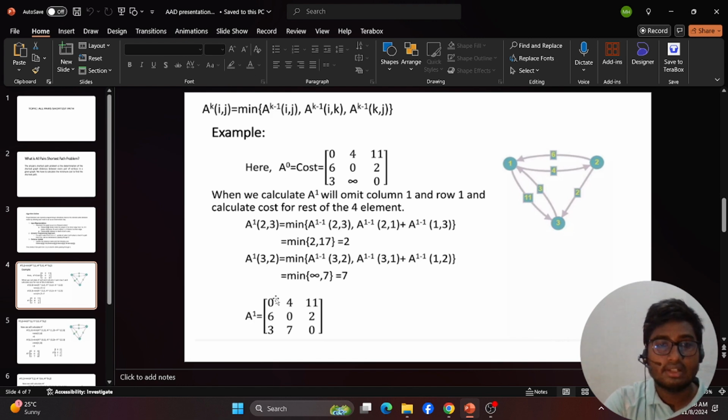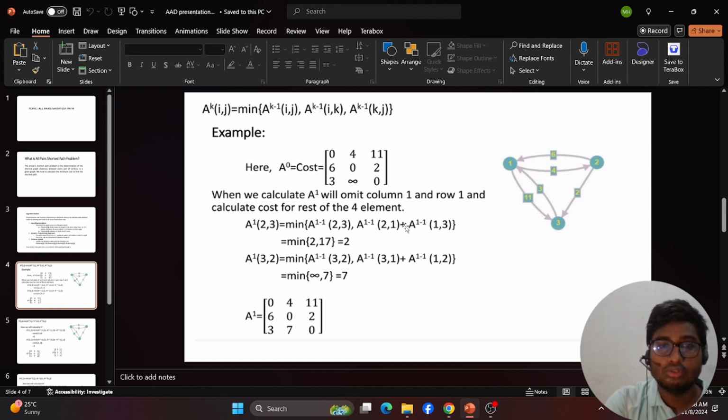So we set the diagonal values to 0, and put the A0 matrix first row and column values into the A1 matrix first row and column. Now we calculate the A1 matrix rows and columns 2 and 3 using this formula.